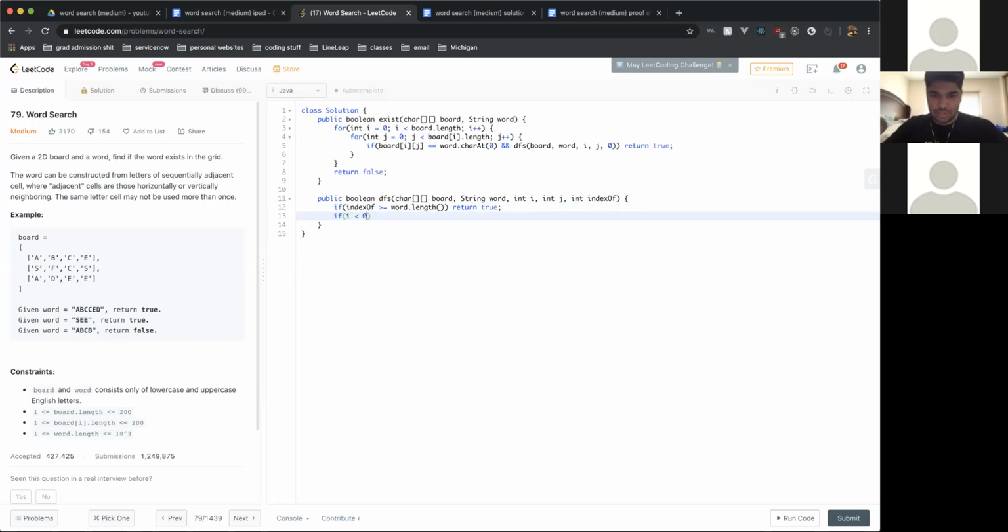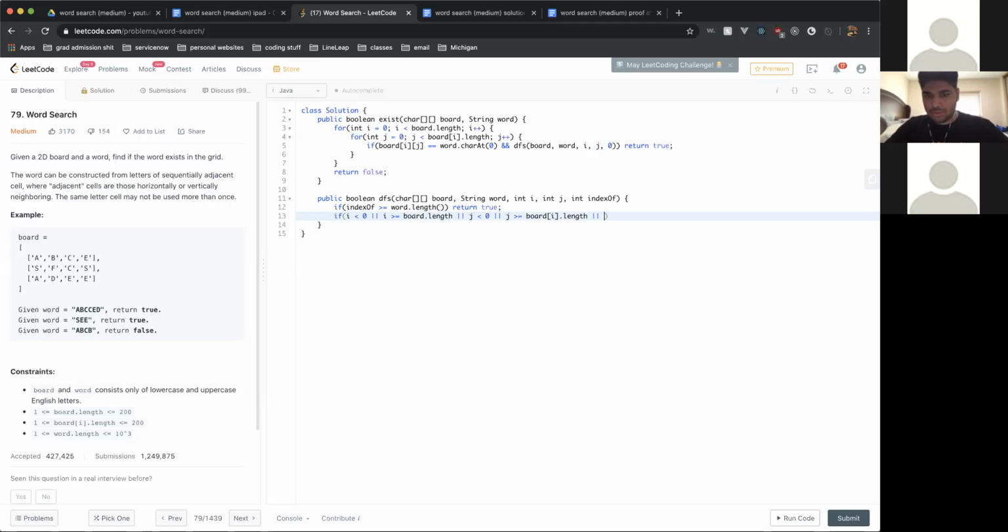So we're going to check that i and j are still valid values within this grid. So if i is less than 0, it's negative, and you can't have a negative index, or if i is greater than or equal to the board length, or j is less than 0, or j is greater than or equal to board i of length.